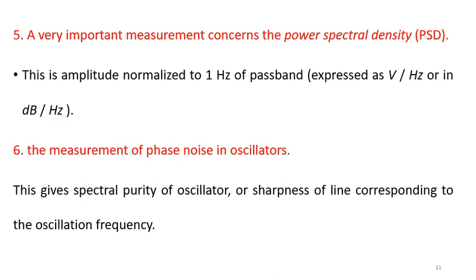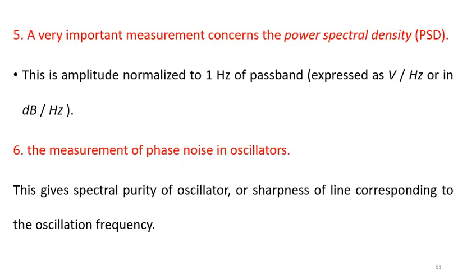As I told you, we can use voltage as our unit on the vertical axis, and sometimes we use decibel. So when you want to find power spectral density, you take the amplitude divided by the frequency. We always express power spectral density either in volt per hertz, when our unit is volt, or in dB per hertz when we are using decibel as our unit.